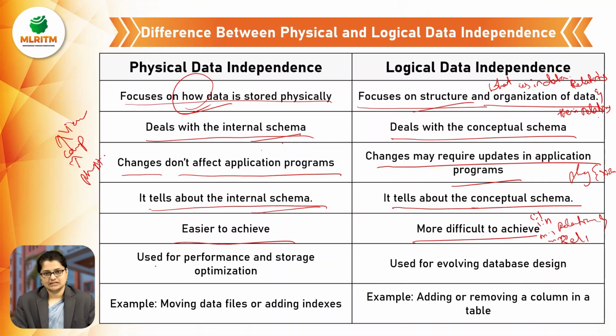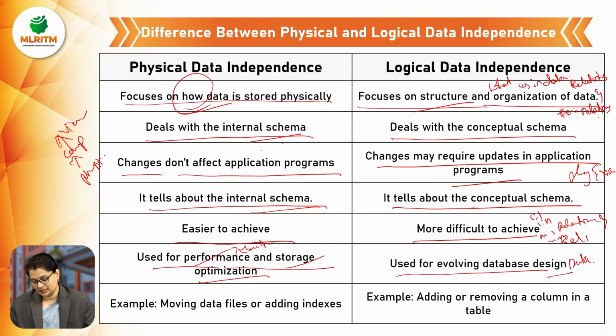Physical data independence is used for performance and storage optimization, so it is mainly concerned with maintenance and storage optimization. Logical data independence is used for evolving database designs, so it is more concerned with data modeling or database design.